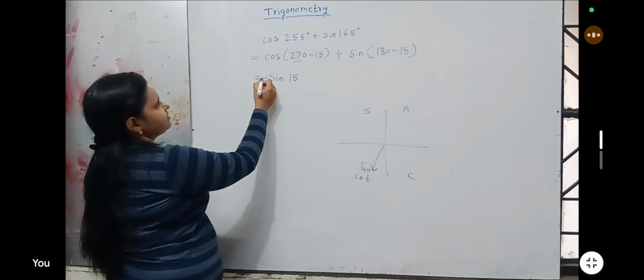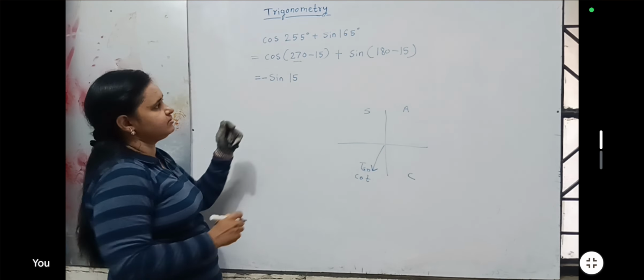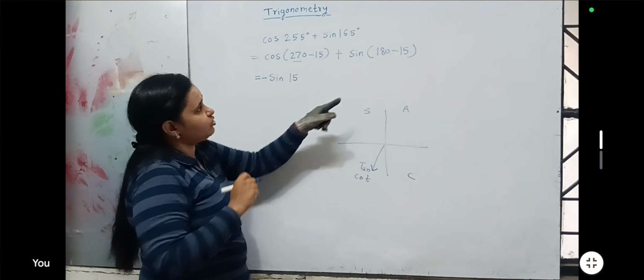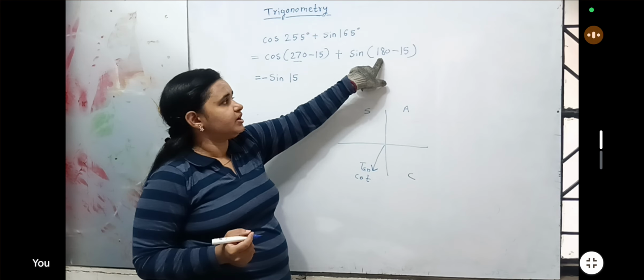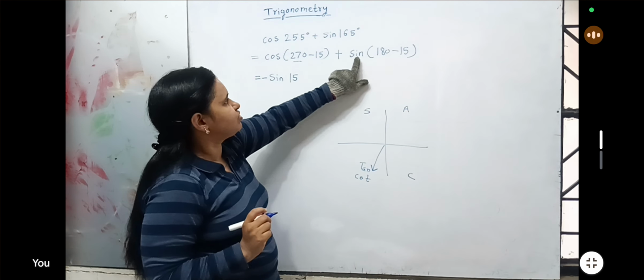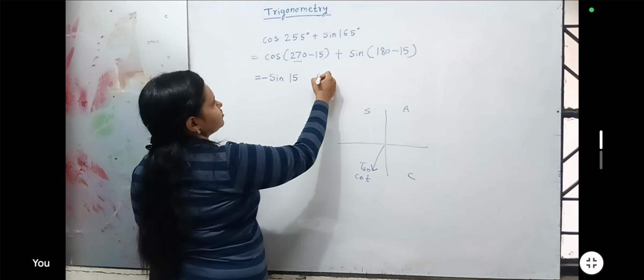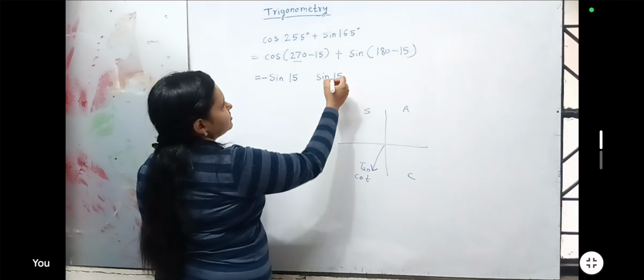So here it will be minus sin 15. And for sin 180 minus 15, now 180 is an even multiple of 90, so the ratio will remain as it is. So here it will be sin 15.